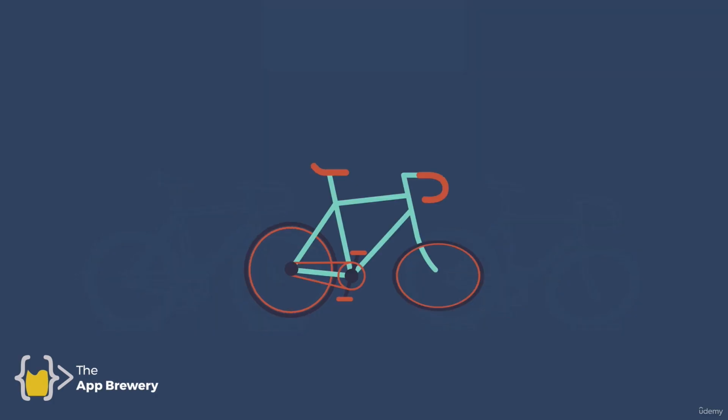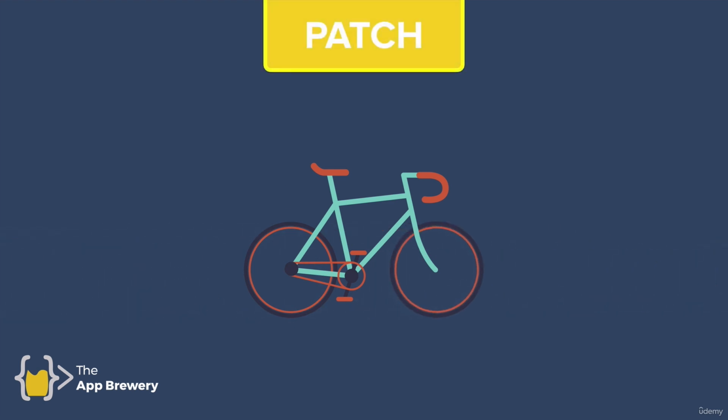Now, the other option Amazon offered was for them to simply send me a new tire. That was the only thing that was broken. The rest of the bike was fine. And in order to save the world from carbon emissions, shipping a wheel is much better than shipping an entire bicycle. And this is the same as PATCH.